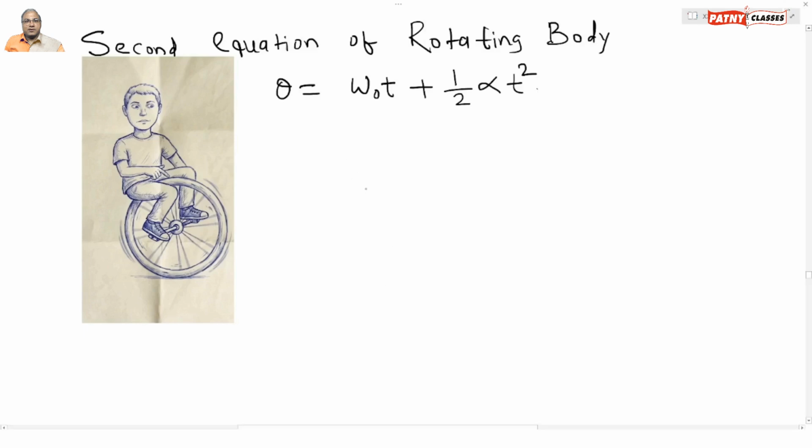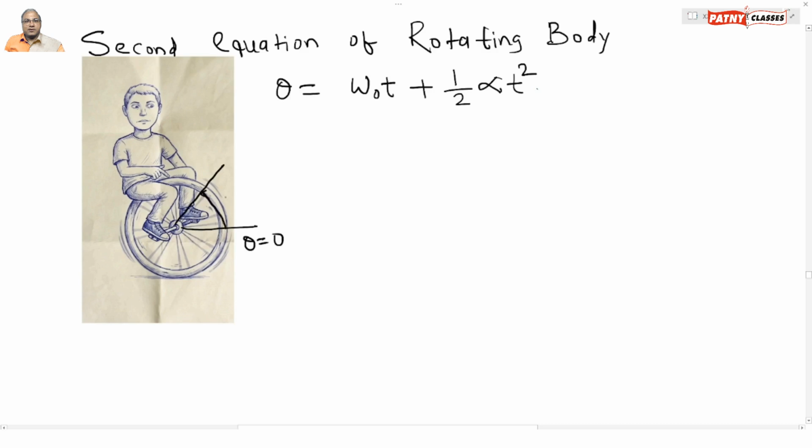Now the second equation of a rotating body is theta equals omega naught t plus half alpha t square. This equation we can easily obtain by using integration. To derive this relationship, we assume that the starting angle is theta equals 0, and after some time the wheel will move through an angle theta.